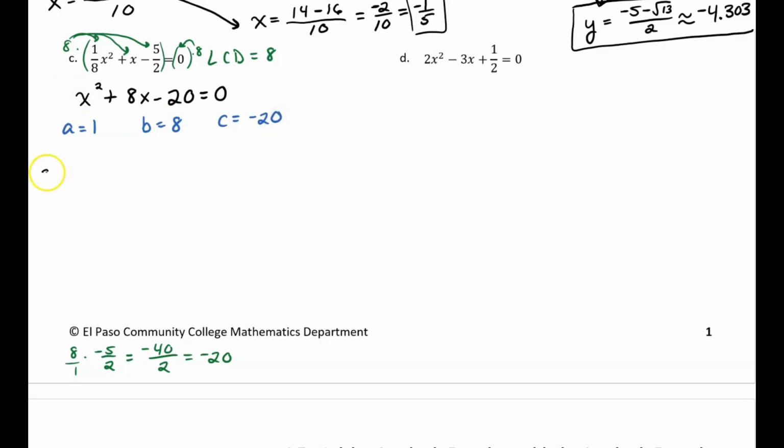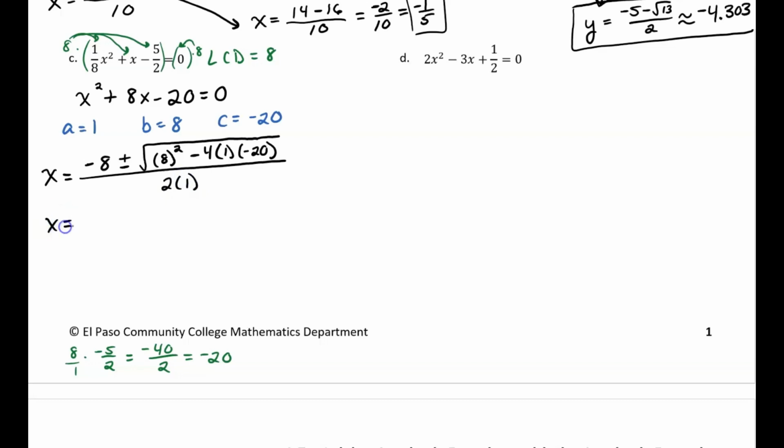And then we plug into the formula. We have negative B, so I have negative 8. The 8 was positive, so the negative from the formula is the only one there. Plus or minus the square root, my B value squared, minus 4 times A is 1 times C is negative 20, all divided by 2 times 1, 2 times the A. Okay, it's looking good.